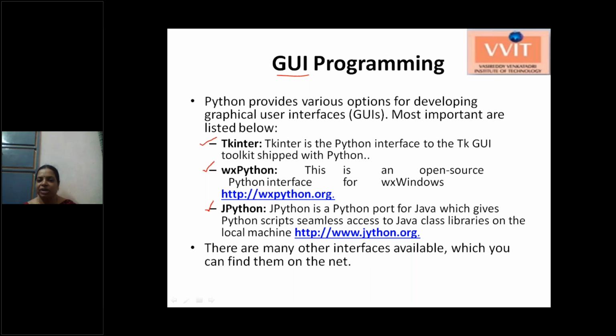Using any one of these 3, you can create GUI applications. Generally GUI applications have different types of controls like buttons, text boxes, radio buttons, check boxes, combo boxes. Those all you can create and display in a GUI application. So for that you can use any of these 3 modules.